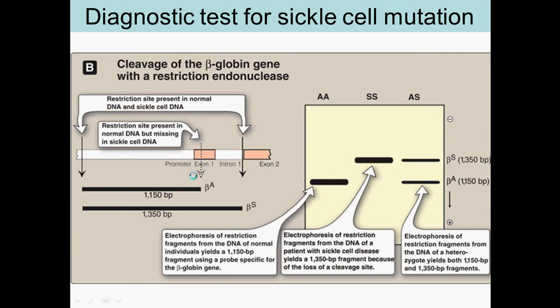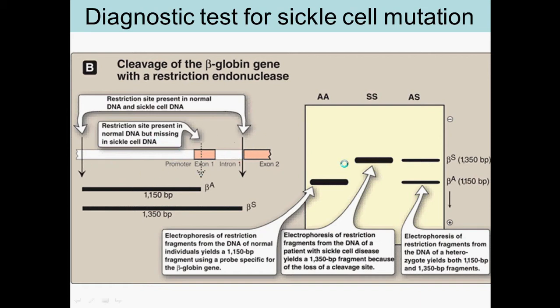So what happens is you end up with a longer fragment. The longer fragment is going to be 1350, and the shorter fragment is going to be 1150. Somebody who is homozygous for the normal globin gene is going to have the shorter band, because there are more cuts.